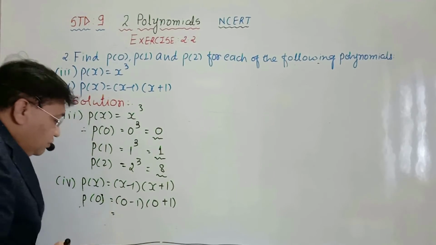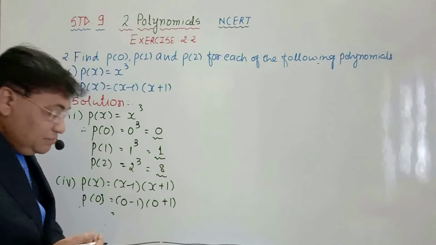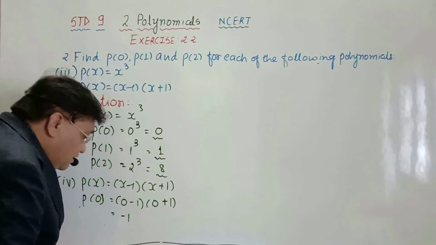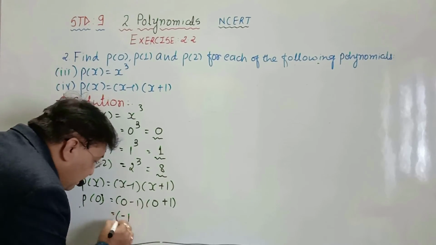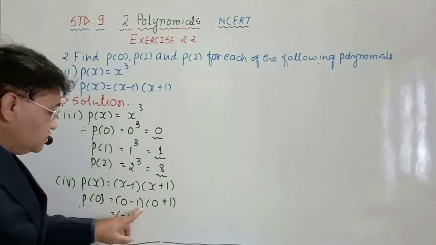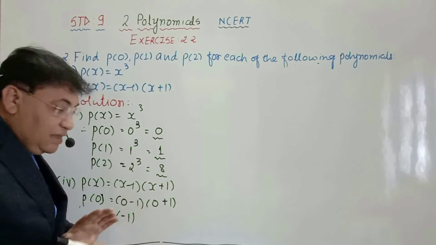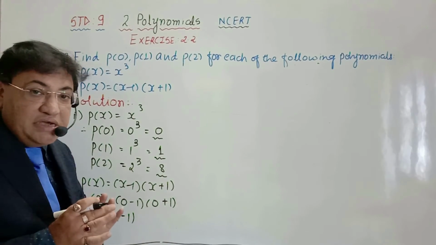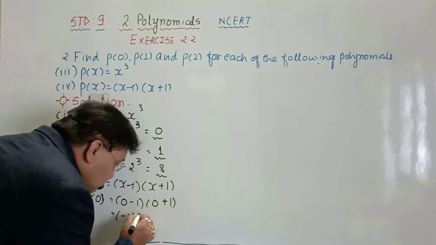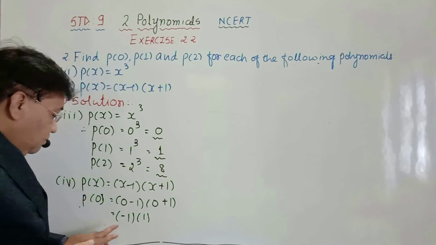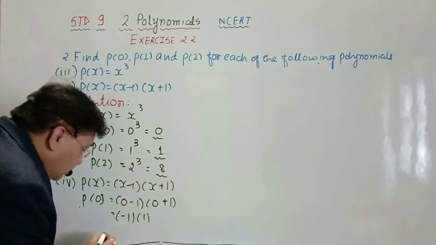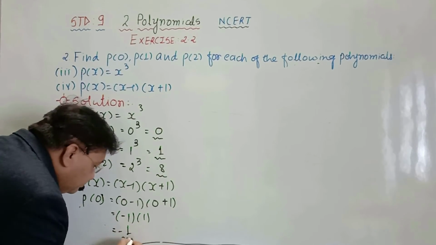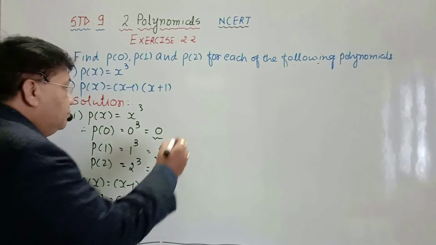So you know that 0 minus 1 means minus 1. But you have to make a bracket here because these two brackets mean multiplication form. So 0 plus 1 will be 1. Minus 1 into 1, here we get minus 1.